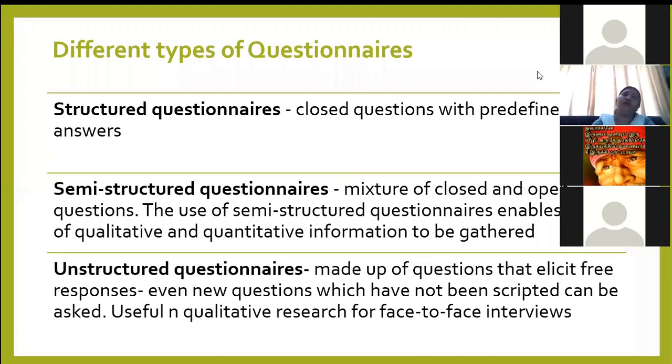In the case of inquiries where we require both qualitative and quantitative information, we can use semi-structured questionnaires because it contains a mixture of closed and open-ended questions. In the case of closed questions, the respondents can select their options, and in the case of open-ended questions, they can write their own answers. They can express their answers.